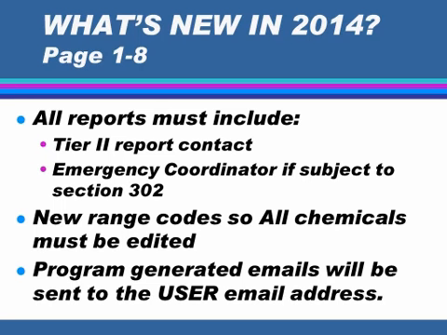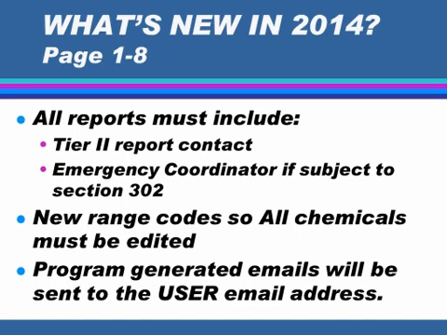But the Tier 2 report contact, that's the person who actually knows what chemicals are at the facility and can verify the information in the Tier 2 report. Very often, the submitter and the Tier 2 report contact are the same, but sometimes they're not. Your Tier 2 report contact, that's usually the person that would sign the report. They're the ones that can verify the information.